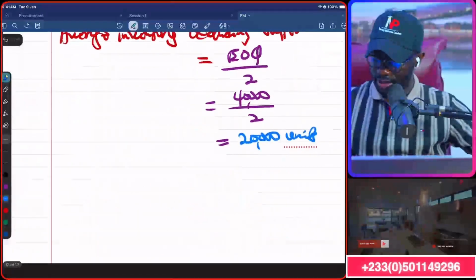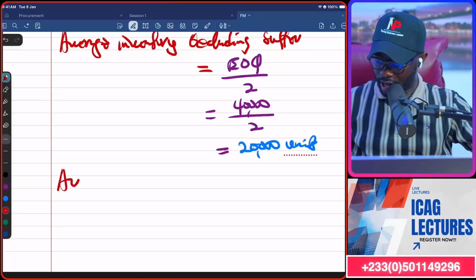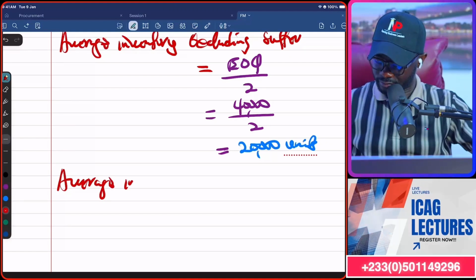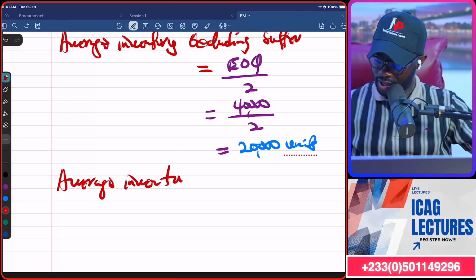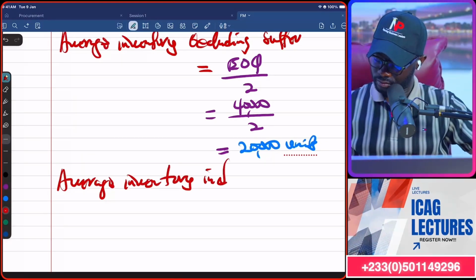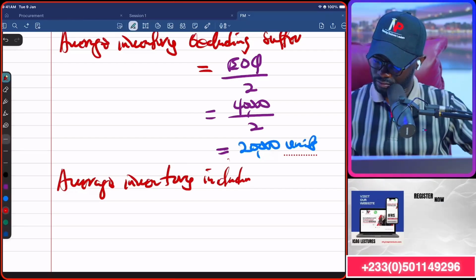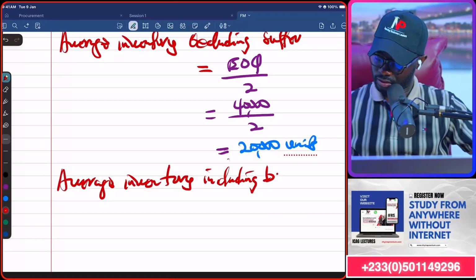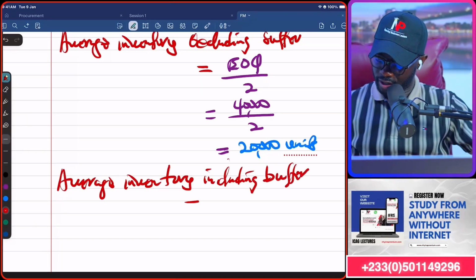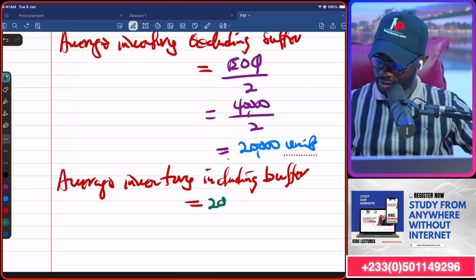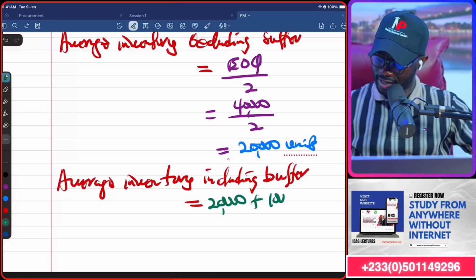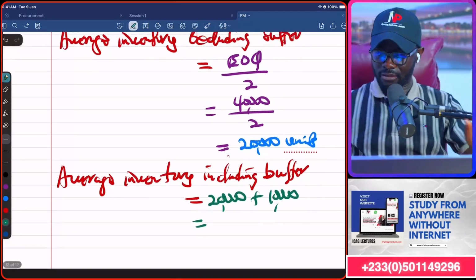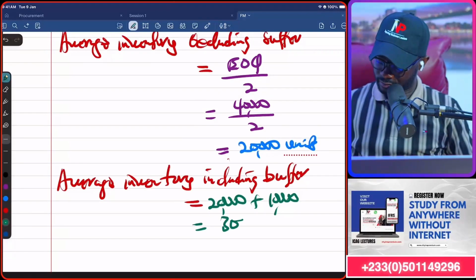So we don't need any problem on that. So now average inventory, including the buffer, will be 20,000 plus the 10,000 buffer, and that becomes 30,000 units.